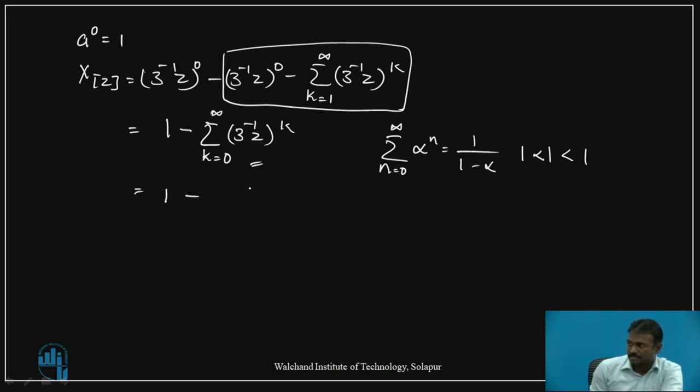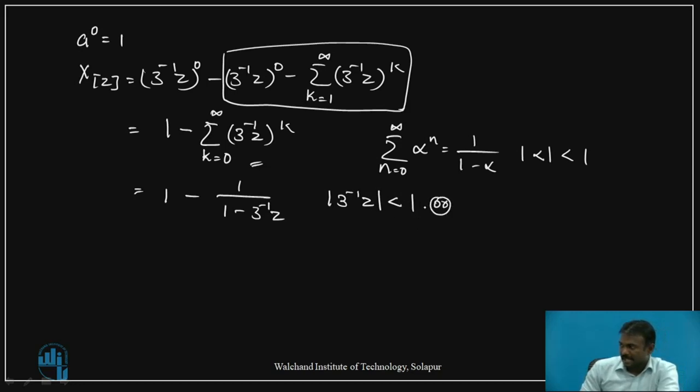So this will be written as 1 divided by 1 minus 3 inverse z, and this is valid if mod of 3 inverse z is less than 1, or in other words, multiplying LHS and RHS by 3 we get mod z is less than mod 3. Okay. Further this will be simplified.